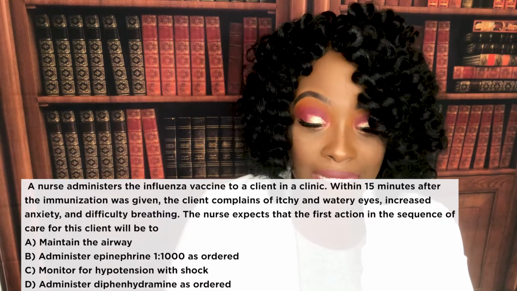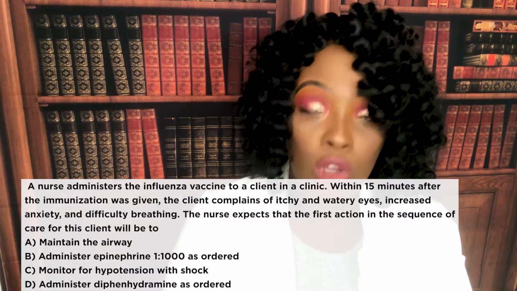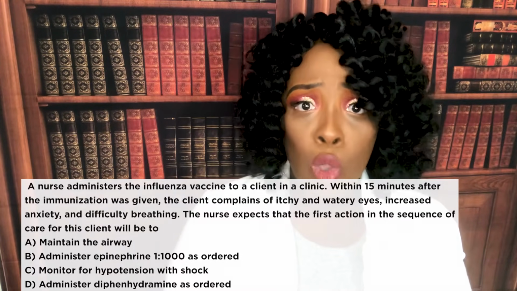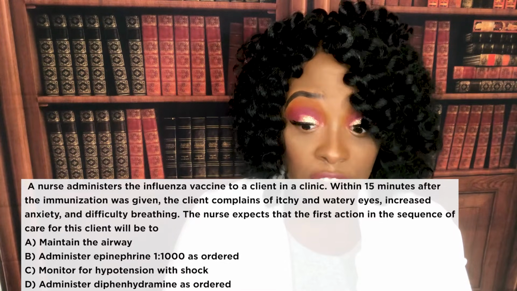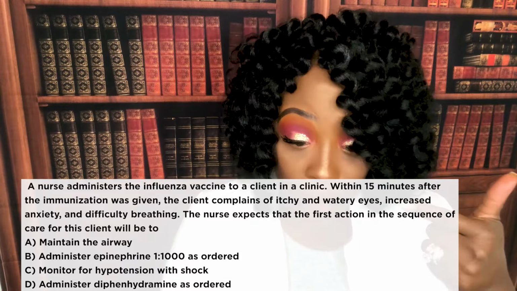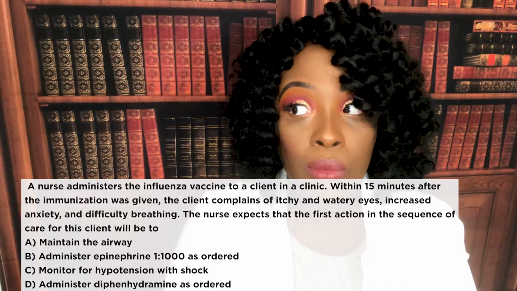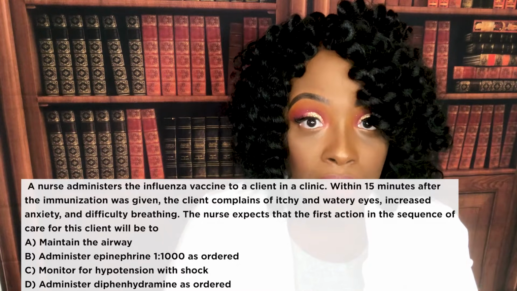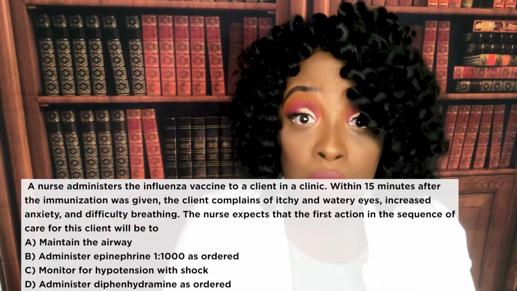And so, guys, the correct answer is to give the epinephrine as ordered. How do we know? Let's go back and look at what the question's telling us. So the patient just got a vaccine, and within 15 minutes, we're seeing itchy eyes, watery eyes, increased anxiety, difficulty breathing. The reason they got that increased anxiety is because they can't breathe. What are we seeing? We're seeing what is known as an IgE-mediated response.